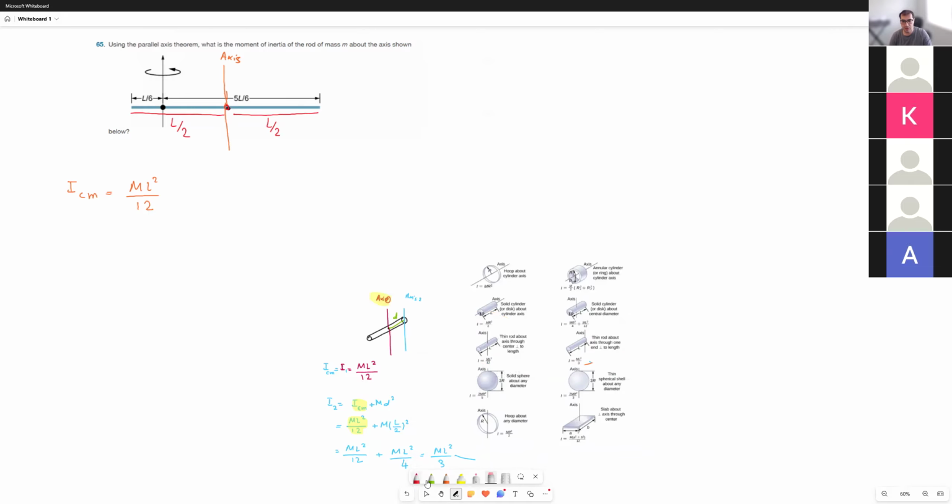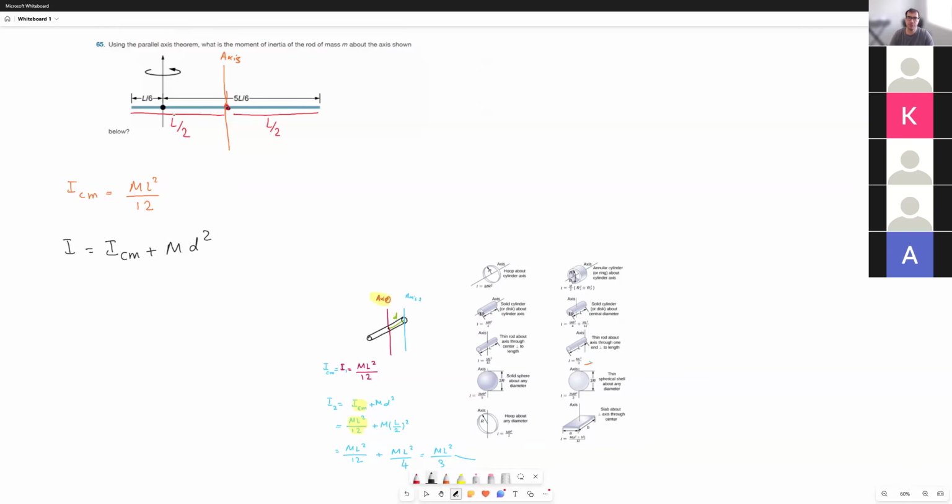I center of mass is going to be mL squared divided by 12. Then the moment of inertia about this black axis is going to be I center of mass plus m, the distance between them squared.